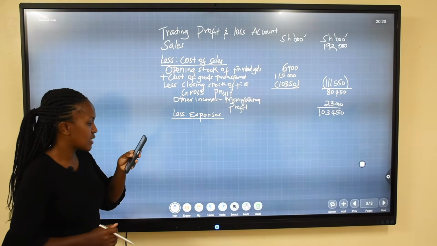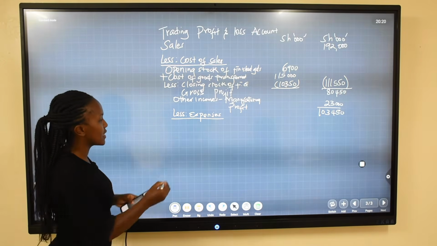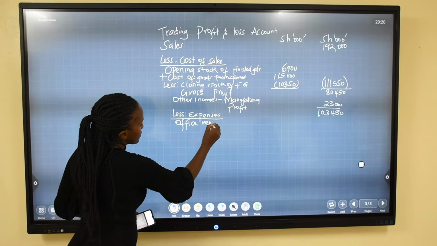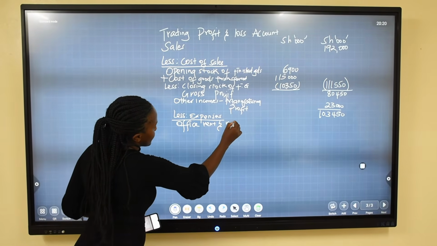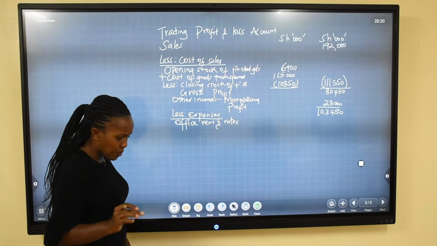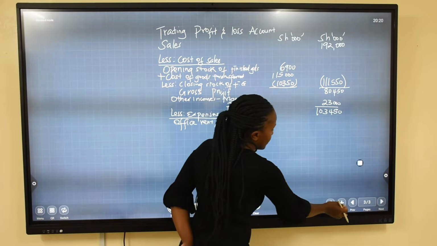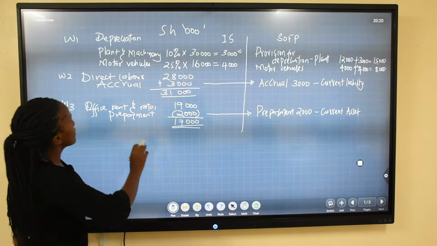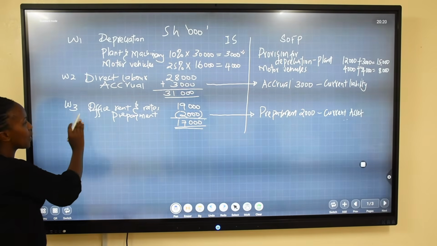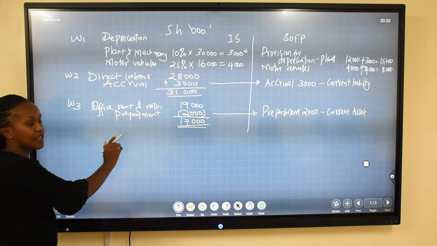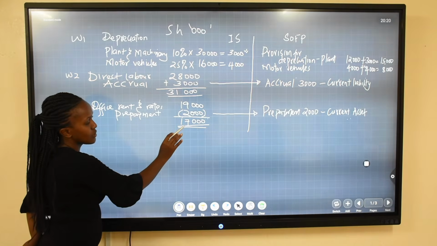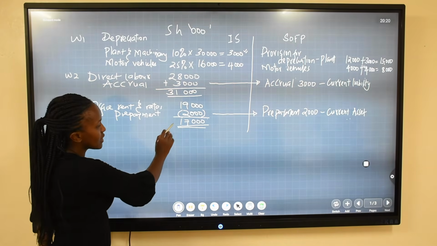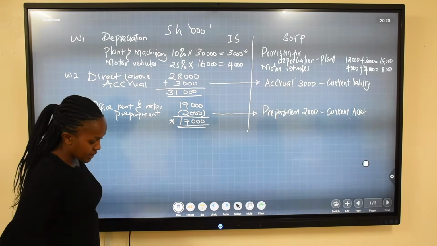So in our question, we can see that there is office rent and rates. Before you forget, go back to our first working. We can see that office rent and rates had working number 3. That was reducing from 19,000 to 17,000 because of the prepayment. So the figure we are going to be using is 17,000. That is here.